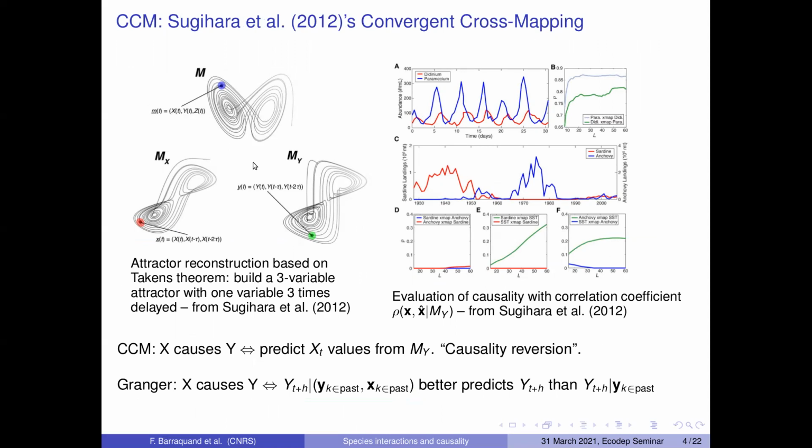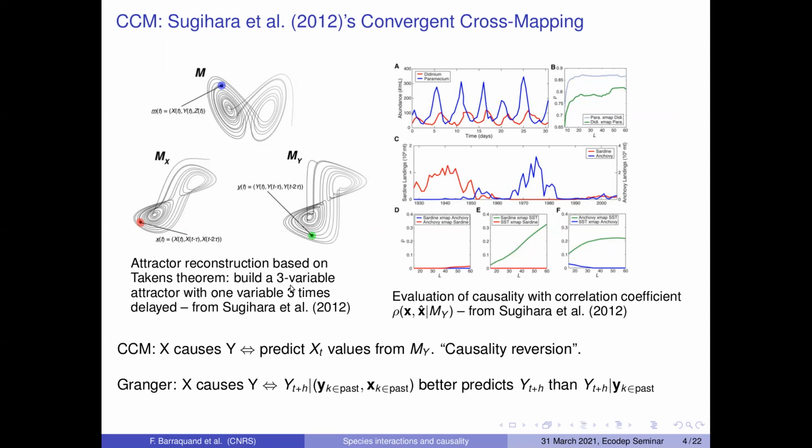And you can reconstruct, due to Takens' theorem, reconstructed attractors Mx and My using delayed coordinates of any of those state variables. So you can use delayed coordinates of x, or delayed coordinates of y, to reconstruct the same shape of the attractor.